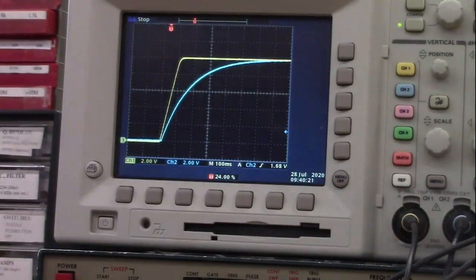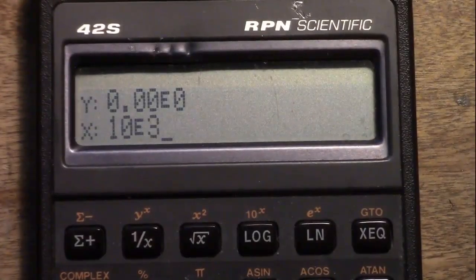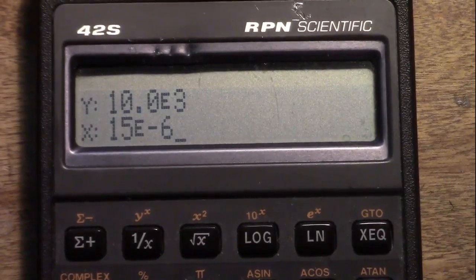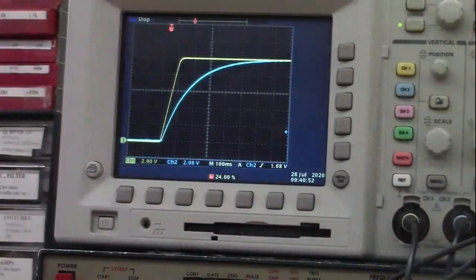Now let's go ahead and take a look and see what we'd expect. Now we've got a 10K resistor and a 15 microfarad capacitor. 10 to the third times 15 times 10 to the minus 6. That says tau is equal to 150 milliseconds. We'd expect to be about 63% of the way to the final value in 150 milliseconds.